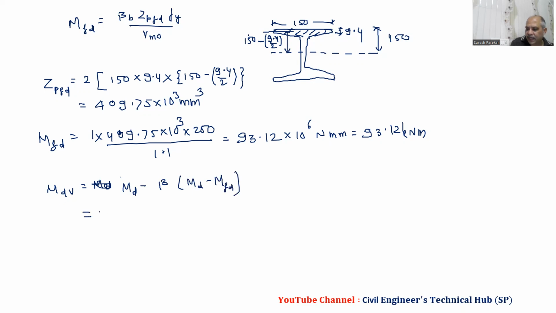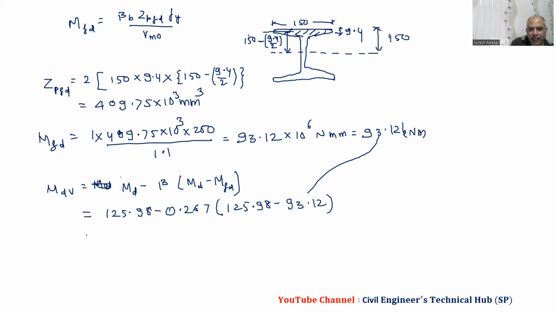And Md we have calculated 125.98, minus beta we have calculated 0.267, Md value we have 125.98, minus Mfd 93.12.